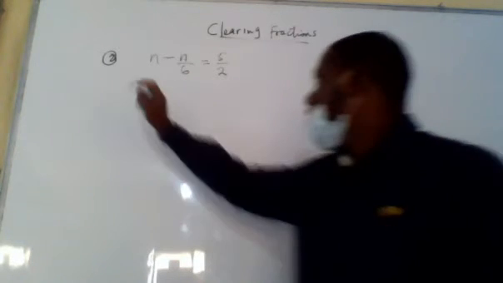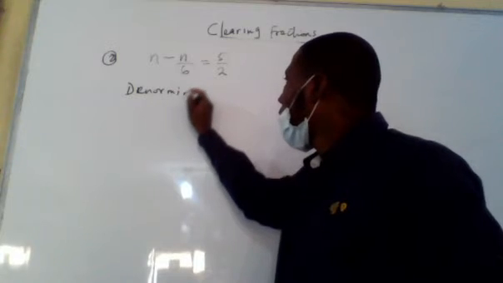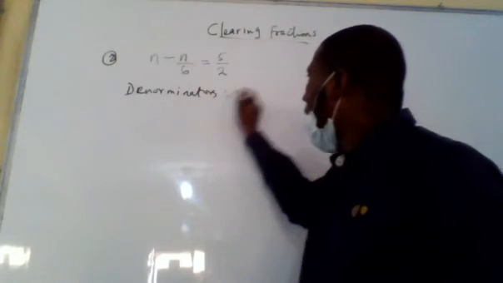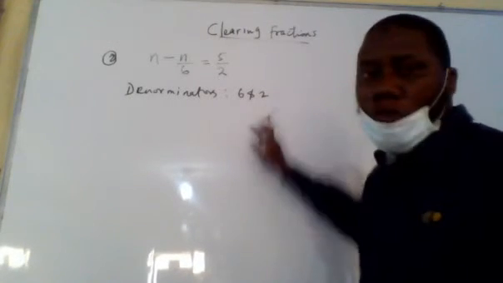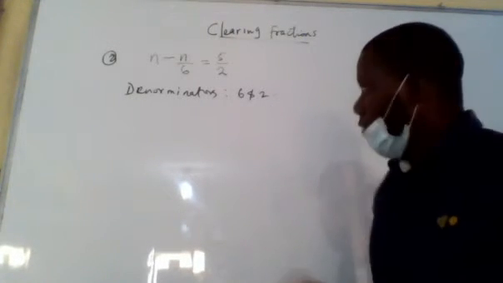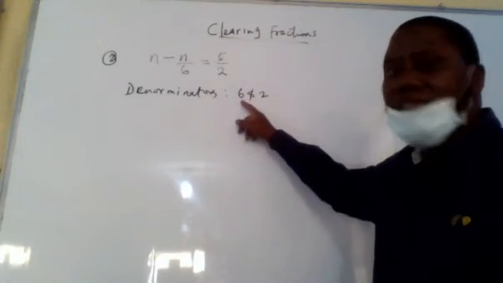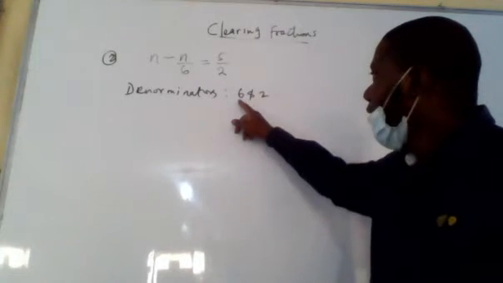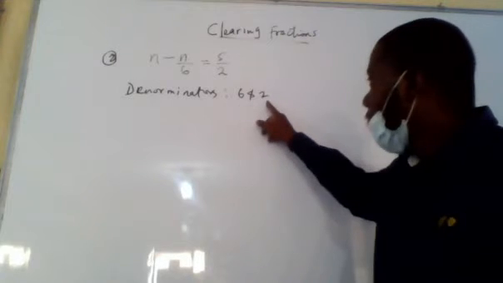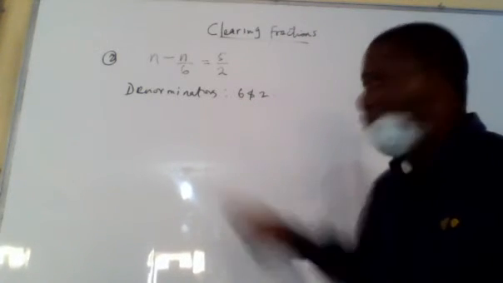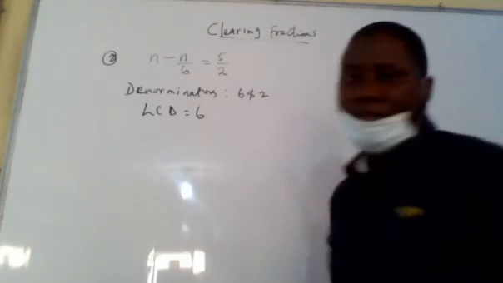The denominators are 6 and 2. 6 and 2 are the denominators. The next question is, what is the LCD of this? The LCD is 6 because 6 can go into 6 without a remainder. 2 can go into 6 without a remainder. So we take our LCD to be 6.